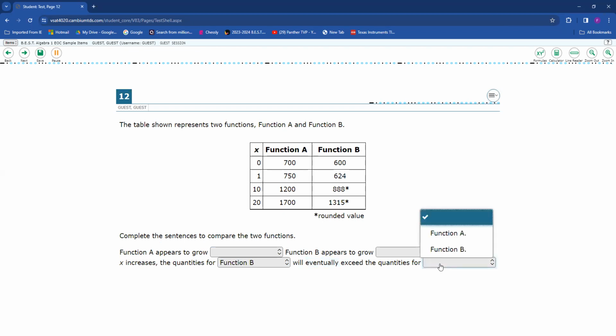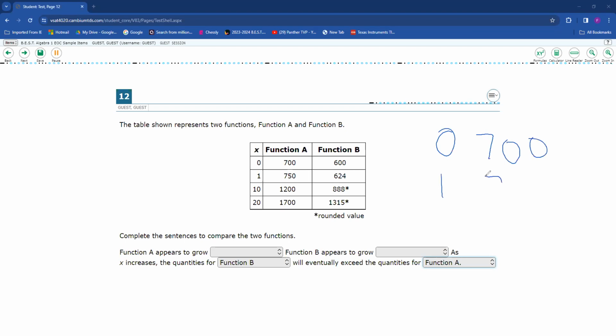They're not asking you. So function a. As far as how do I know that function a was linear? So again, if I were to do the tables and fill in the gaps, 0 is 700, and then 1 is 750.